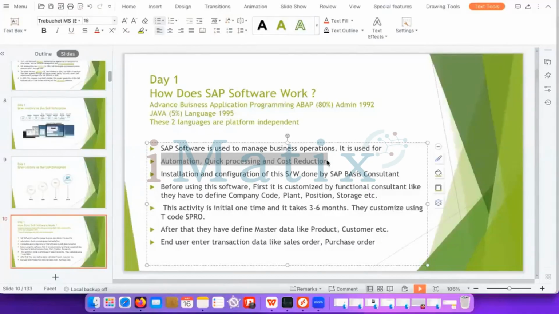SAP software is very expensive. But why are companies going for it? Because they are the market leader and they can automate all your routine tasks. Processing will be very fast with cost reduction, but this was earlier. Now we have more things.